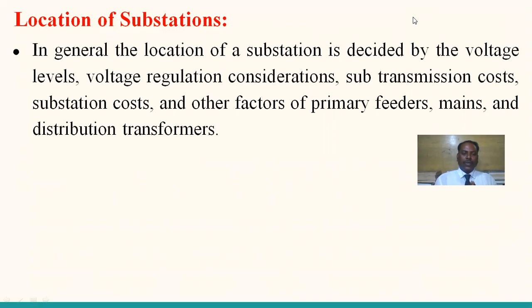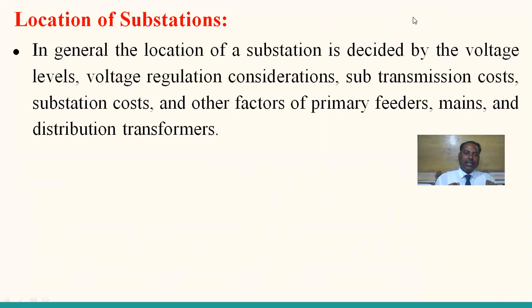So therefore, for locating the substation, voltage level is one of the important points, and voltage regulation consideration is also another important point. And the incoming access, that is the sub-transmission costs as well as substation costs and other factors of primary feeders, mains and distribution transformers, all these are to be taken into account for the location of the substation.